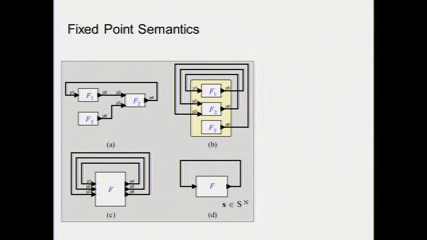Now, have you seen this before in any of your classes? X equal to F of X. What is it called? Come on, guys. It's the fixed point equation. X equal to F of X, right?